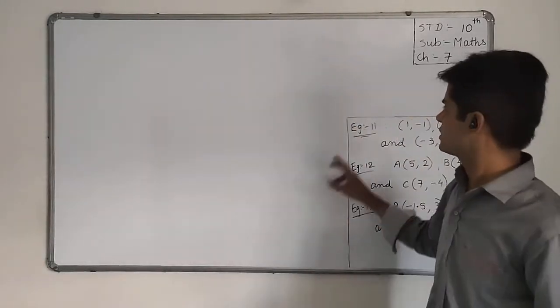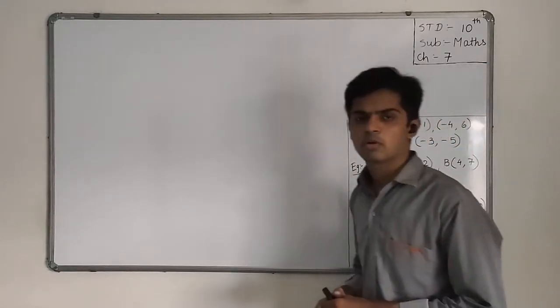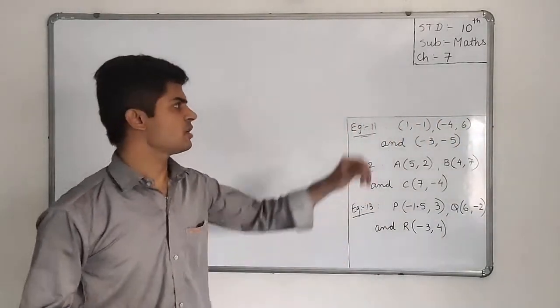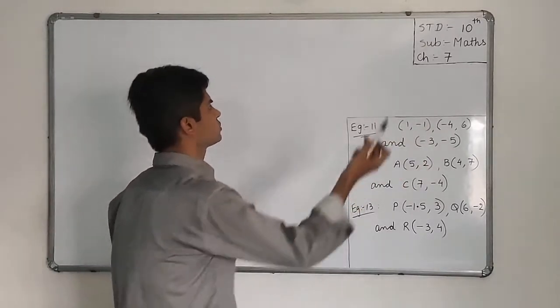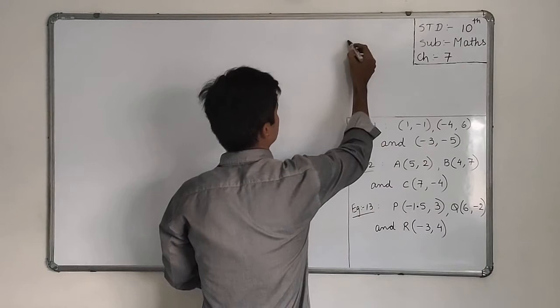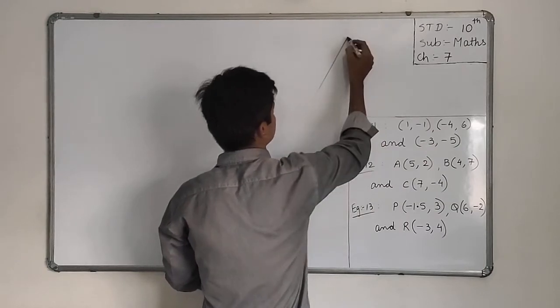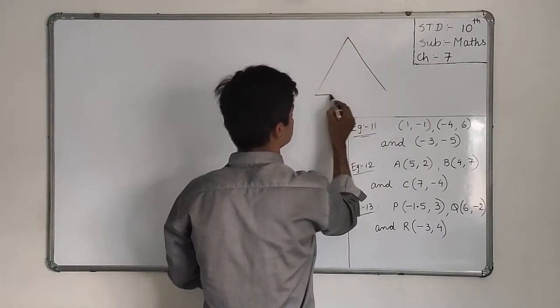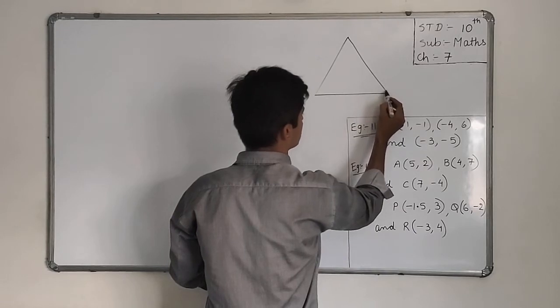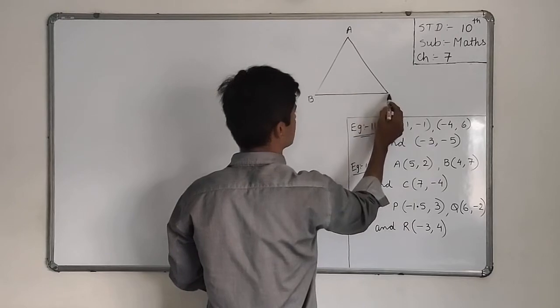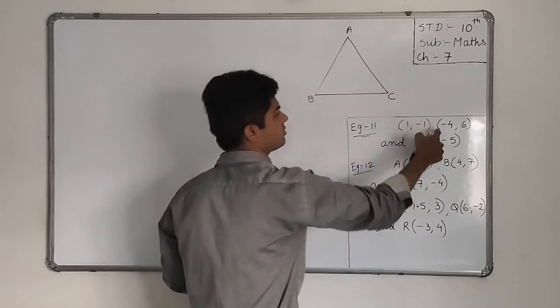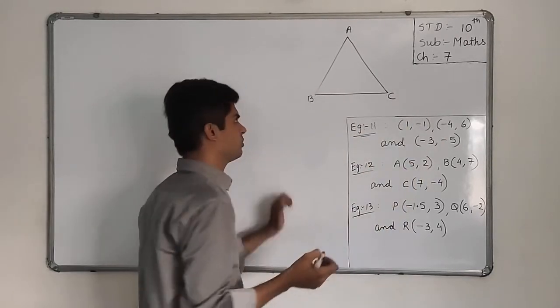Okay, so now let us start our example 11. What is given here? Find the area of triangle when these are the coordinates of it. So, for our simplicity and for understanding purpose, let us draw a small triangle and name the coordinates as A, B and C. Because here the names are not given, so we can take any name.